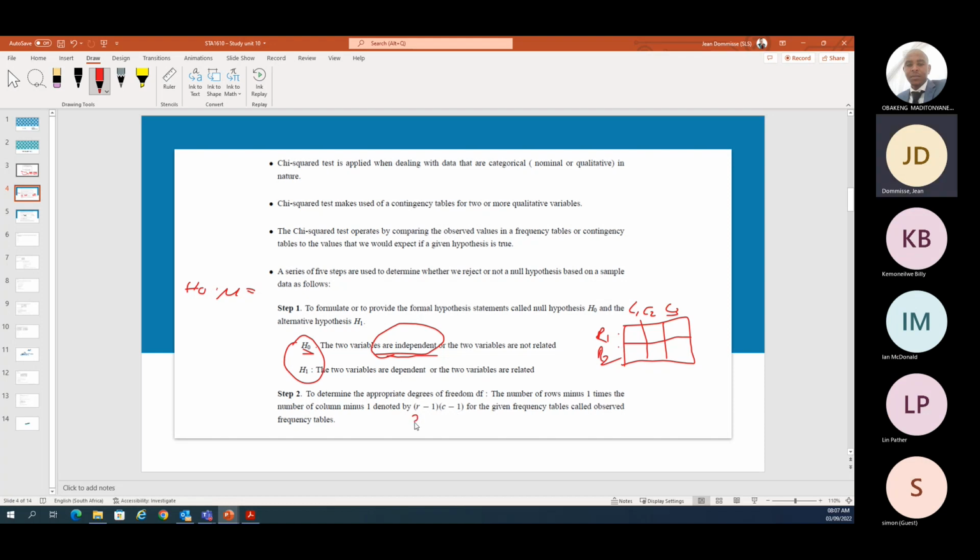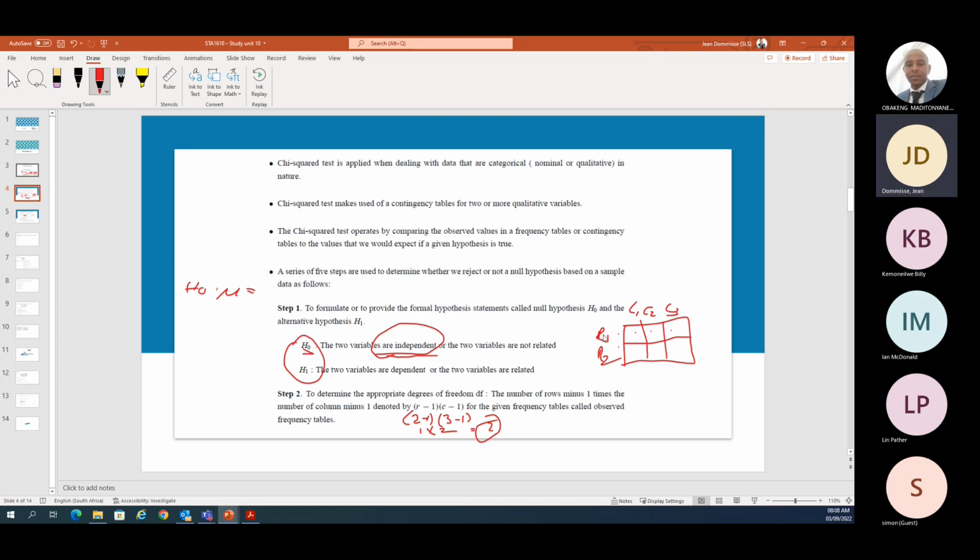There are 2 rows, so 2 minus 1 for that kind of formula. How many columns? 3 columns, so 3 minus 1. So 2 minus 1 is 1, 3 minus 1 is 2. The answer will be 2. We'll get through a few examples of that as well.